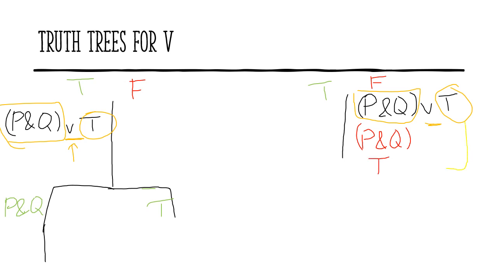So wherever my left side is false here and my right side is false here. Same rule applies. It just looks a little bit different because the statement that we're operating on is a little bit more complex than just a simple two-letter statement. So that's the wedge. Let's move on to the next one.